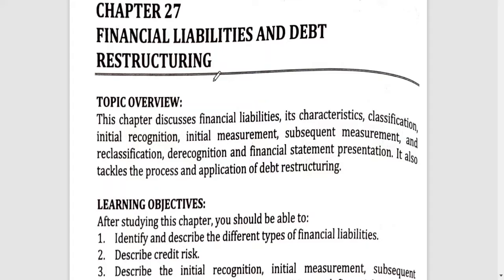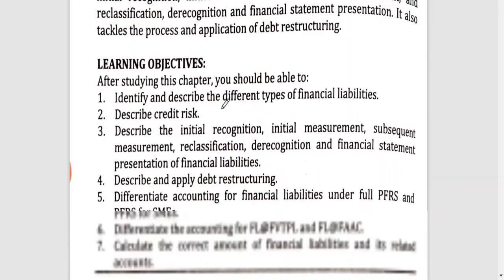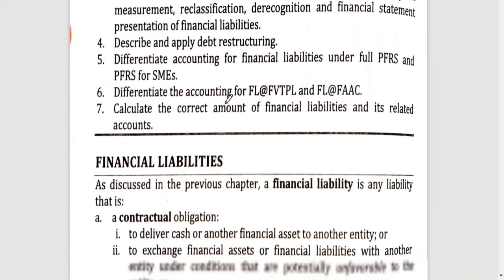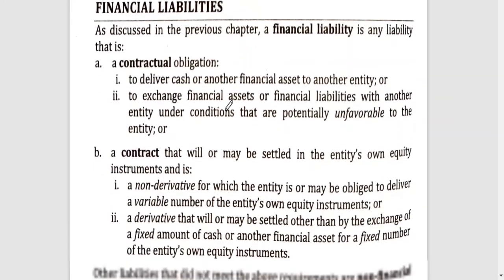Then it will be followed by the accounting for bonds. Then accounting for compound financial instruments. Then we also have the notes payable, the loans payable, and finally the debt restructuring. So we will go first to the basics of financial liabilities.